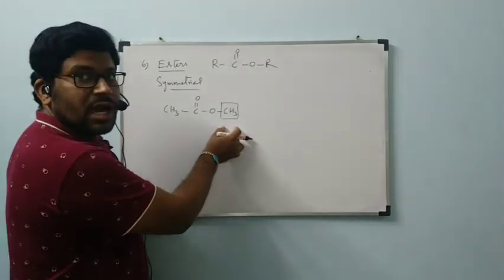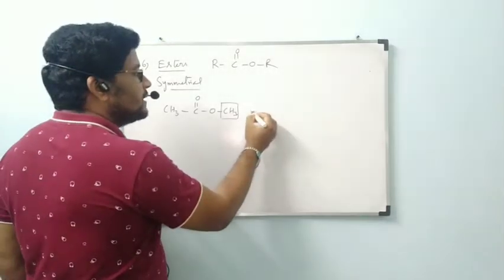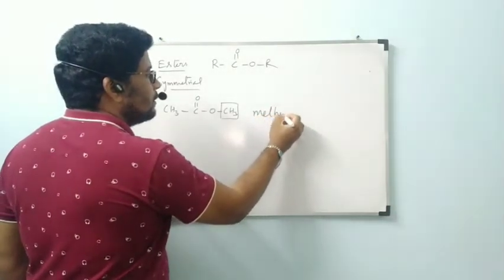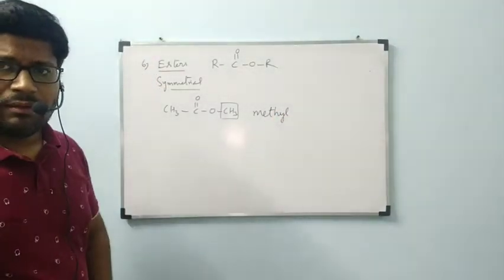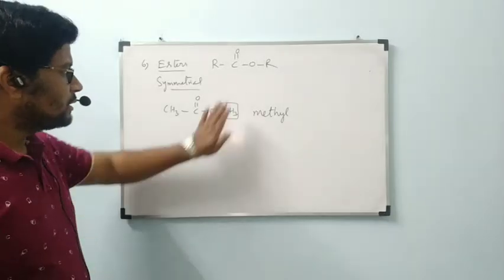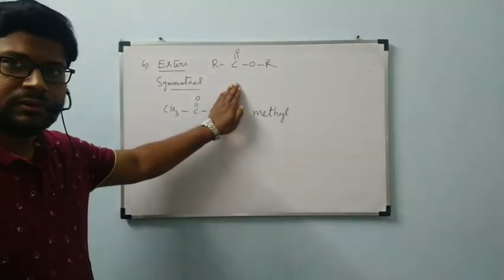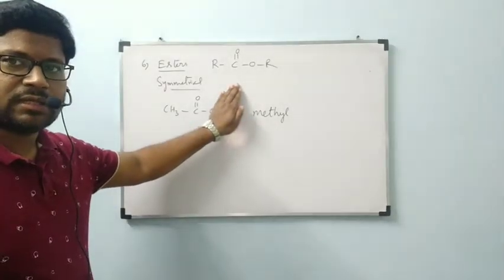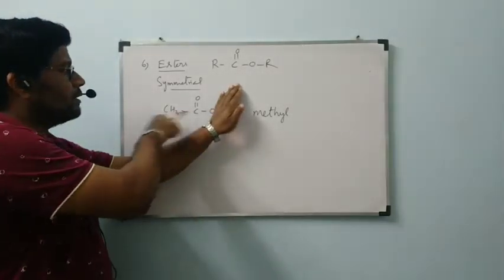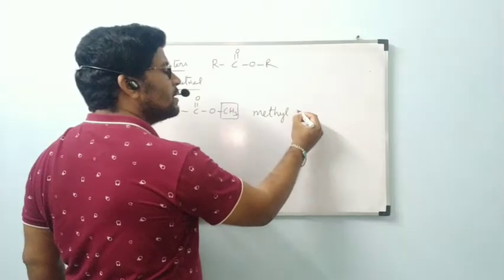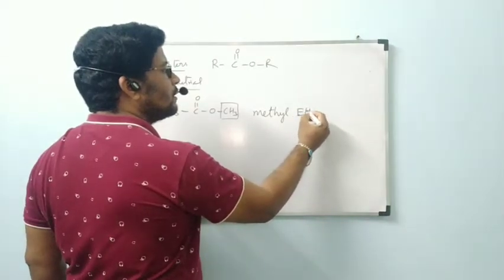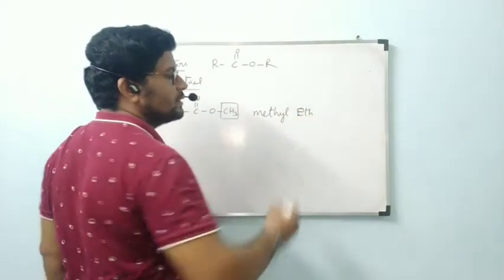What is the name of that R group? Methyl. Write the name methyl. Next, close this one. Outside, how many carbons are there? Two carbons. Two carbons means root word eth.